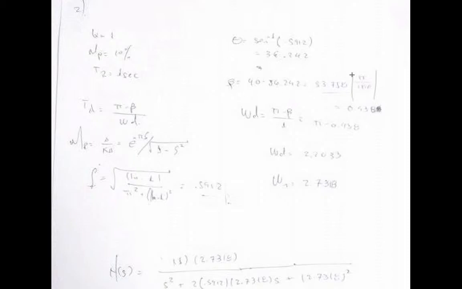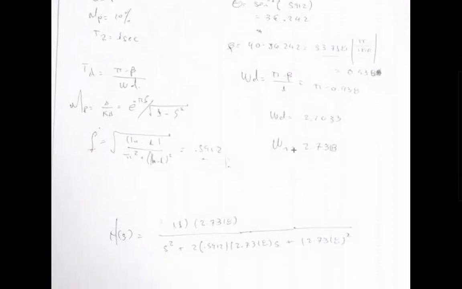After we calculate the beta, we pass this value of beta to radians. After we calculate the beta in radians, we are going to clear omega t in this formula. We got the value of omega t, this one, and with omega t we calculate omega n.